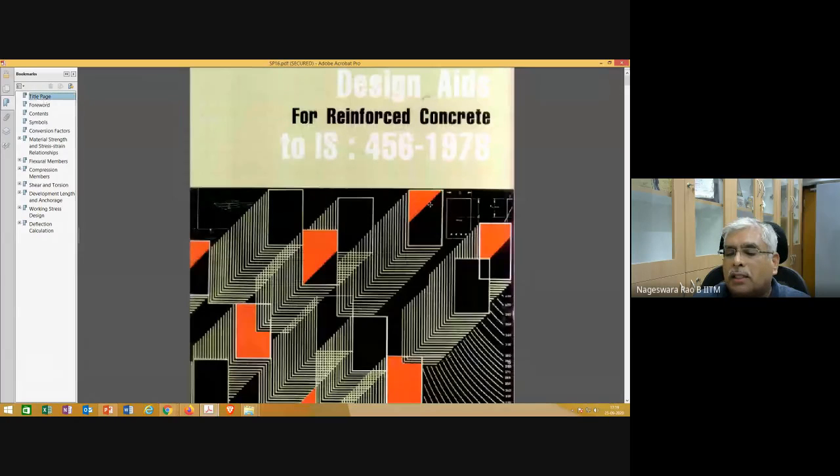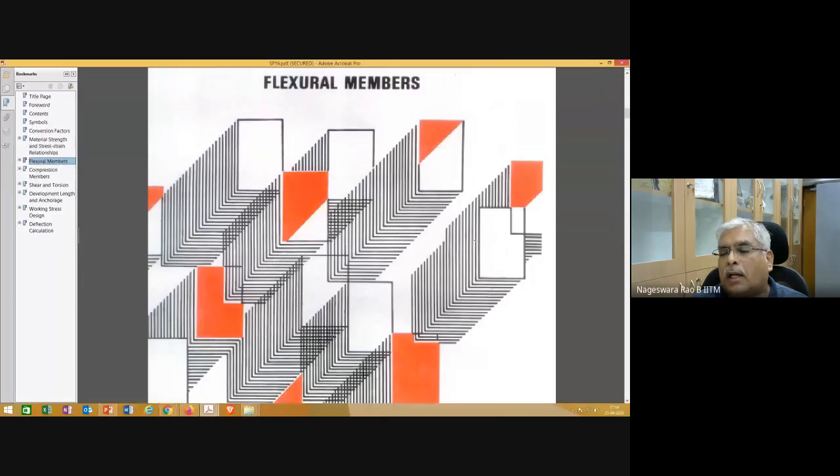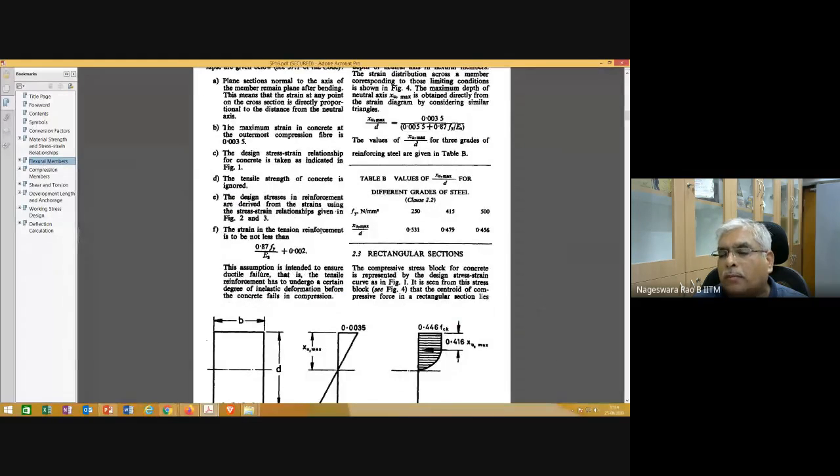It is for all these codified equations for quick check or for quick calculations by designers. This is actually Bureau of Indian Standards came up with this one. That's why the title is Design Aids. Okay, but it's not for a learner. Okay, but still you need to understand how to use this, because if you want to cross check your result or your design, you can make use of this one.